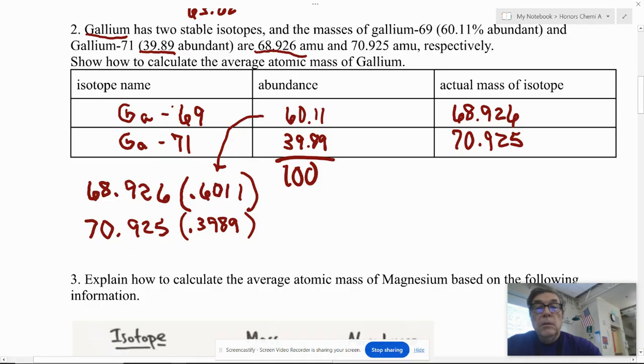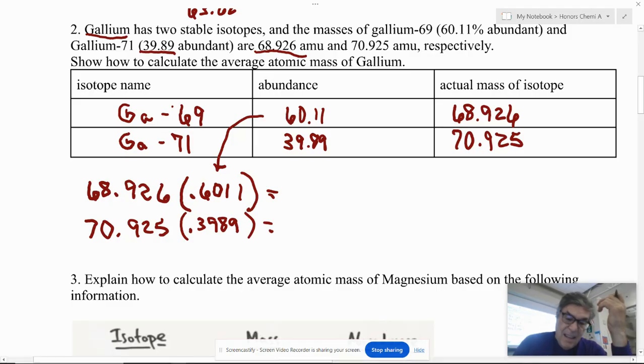So let's just plug that into our calculators now. And you guys are checking my work, right? Because I could easily make a mistake with all these button pushes. 68.926 times 0.6011, and I'm getting 41.43.